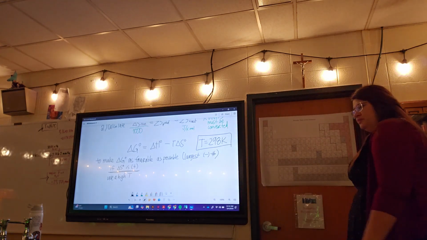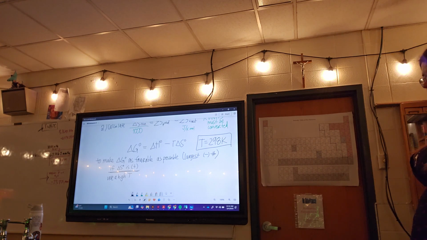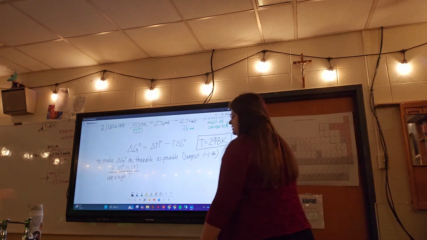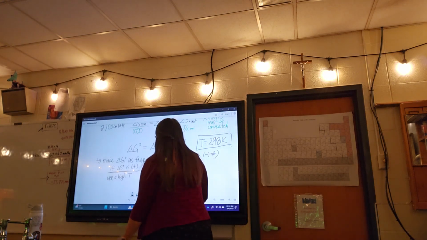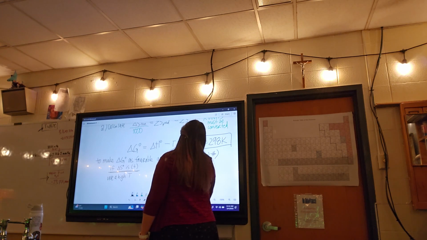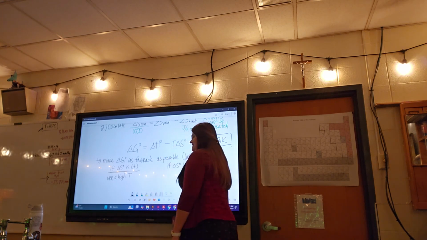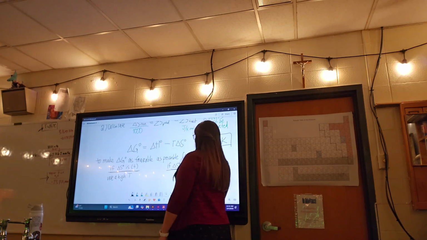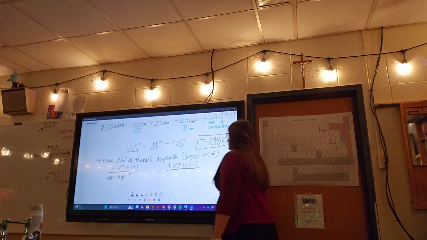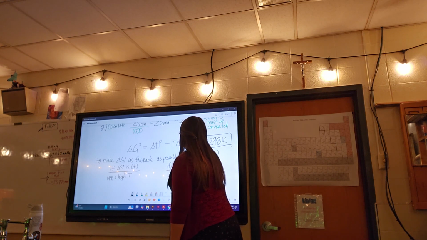So if your entropy is increasing, run your reaction at your highest temperature allowable. So heat it up. The opposite is true. If your entropy is negative, you want to try to mitigate the fact that you are losing disorder or you're gaining order. And so you want to use a low T.